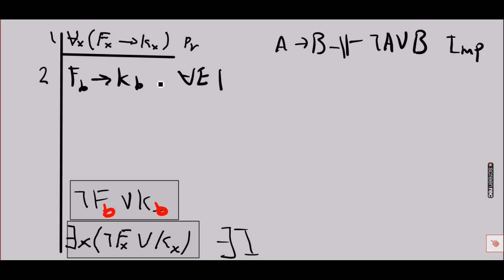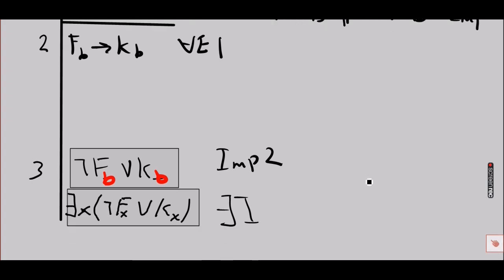So from FB arrow KB, I can get not FB or KB using impla on line 2. And now that I have the B instance of the existential, I can get the existential using existential intro on line 3. Okay, I'm going to do one more.